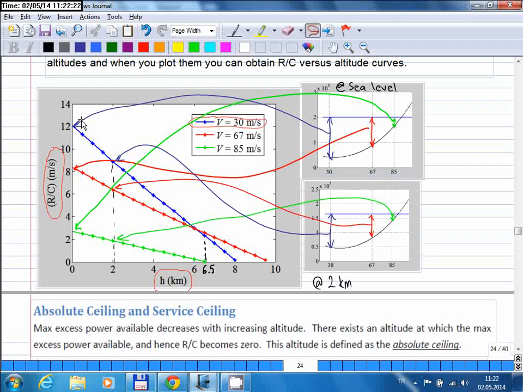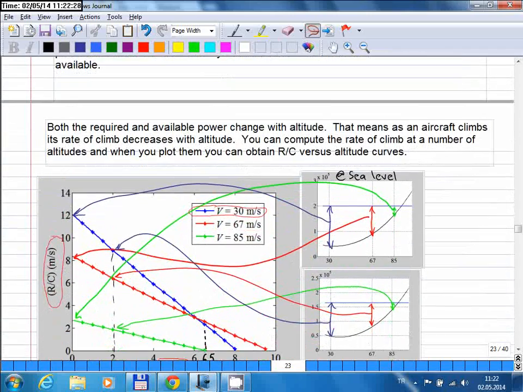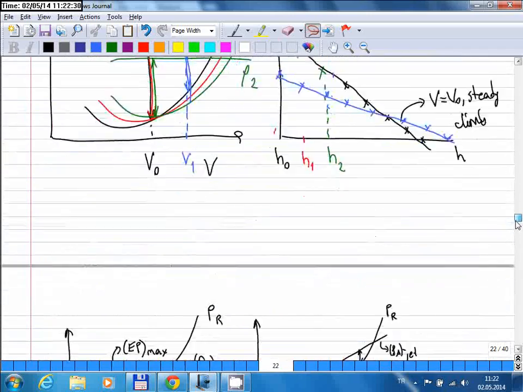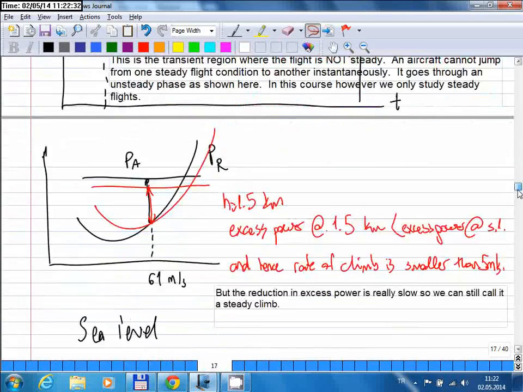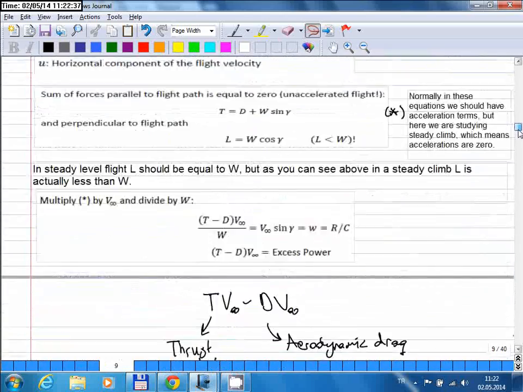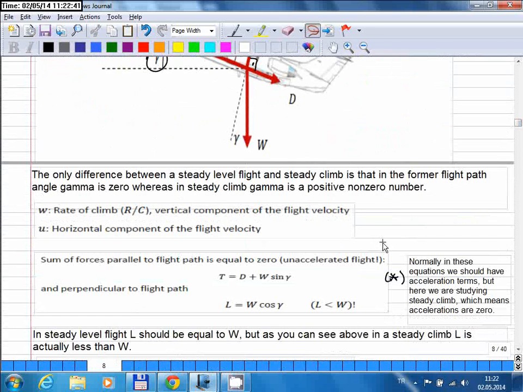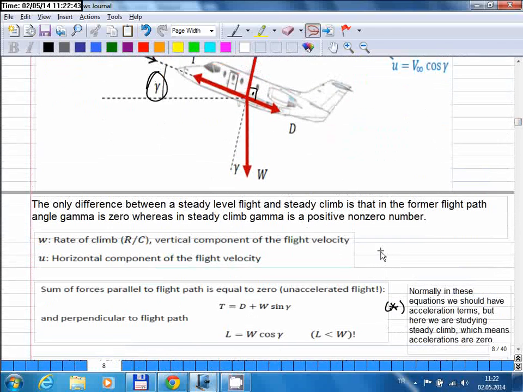And if you go back to the equations, this actually makes sense. If you are flying really fast, at 85 meters per second, then there will be a lot of drag force, and your engine thrust will have to overcome that drag force.